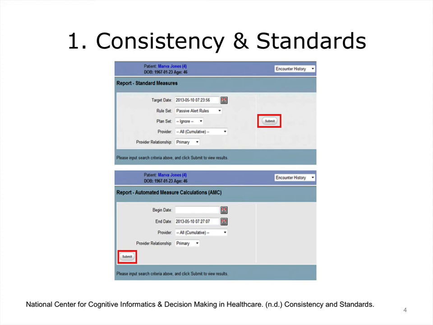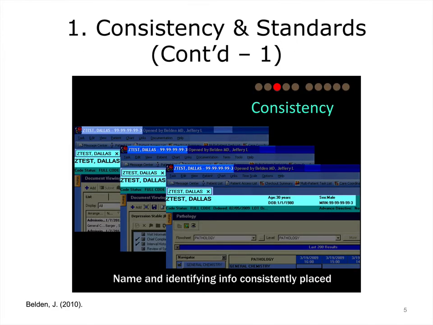That uniformity will potentially accelerate operation processes as the user repeatedly interacts with the system. Figure 2 shows an example that goes against this rule. Names and demographic data must be displayed consistently across screens.